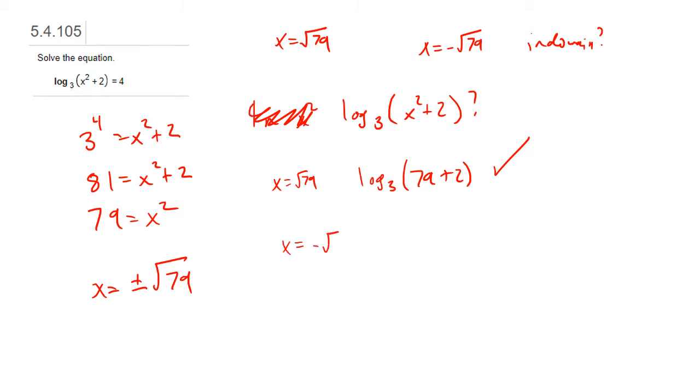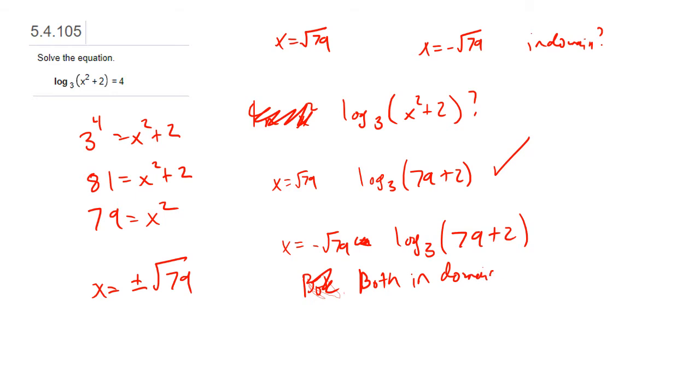Now, if x is negative root 79, I end up with the logarithm base 3 of still 79 plus 2. Remember, a negative number squared is still going to be positive. So negative root 79, when I square it, is still going to be 79. So this is also in the domain. Okay, so these are both in the domain, and therefore, here are our two solutions.